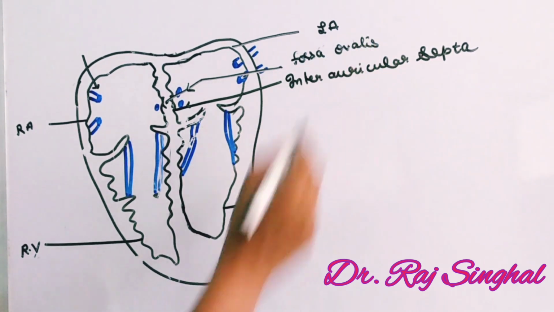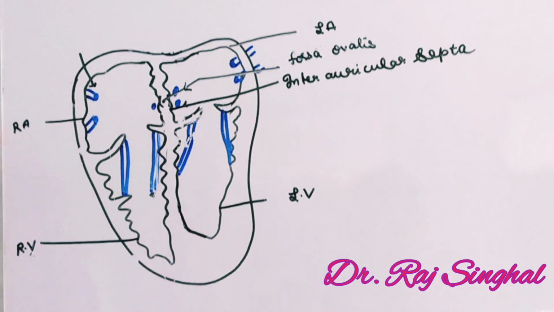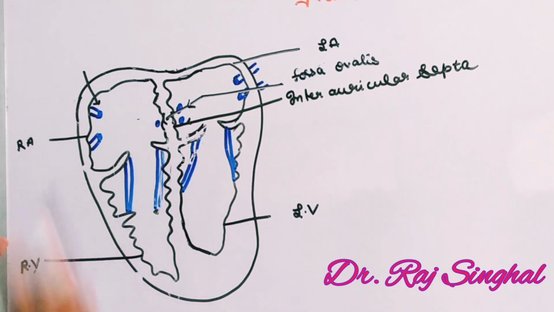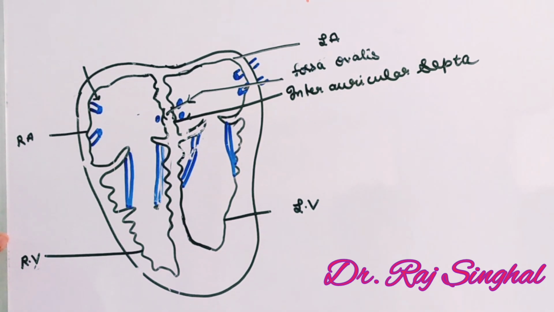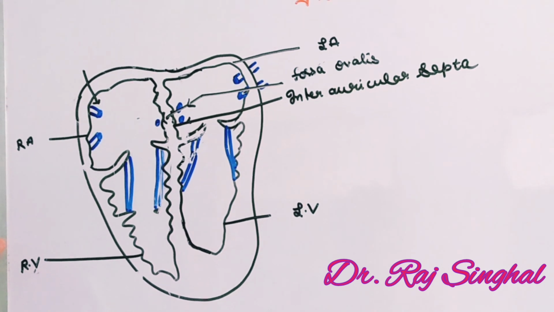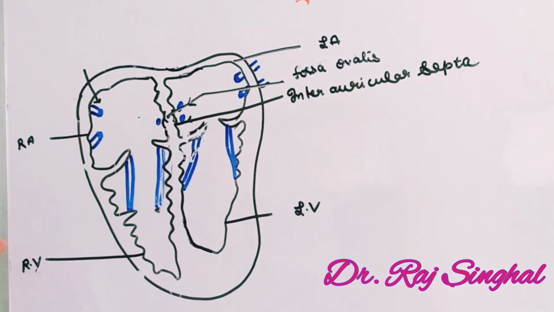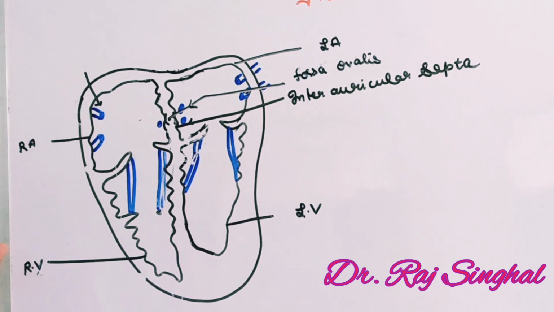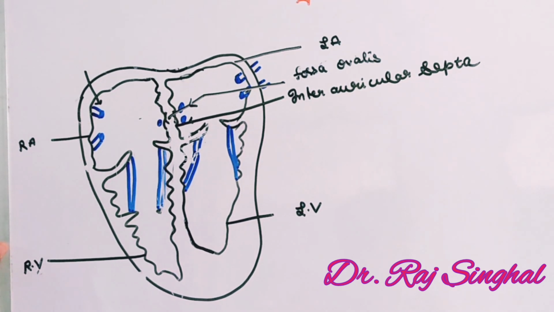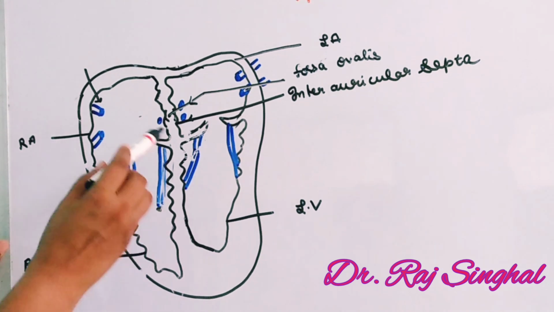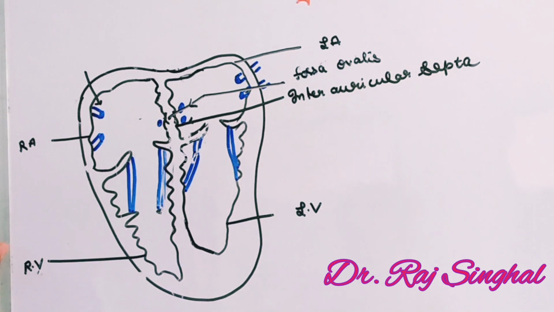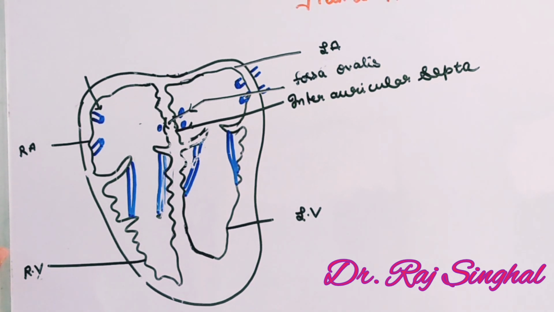This fossa ovalis is present in fetal condition, from which the blood of both the auricles intermix, but at the time of birth this hole becomes closed, so both the auricles get separated. When we say that there is a hole in the heart, we are actually meaning fossa ovalis only, that it is opened, which can surgically be closed.